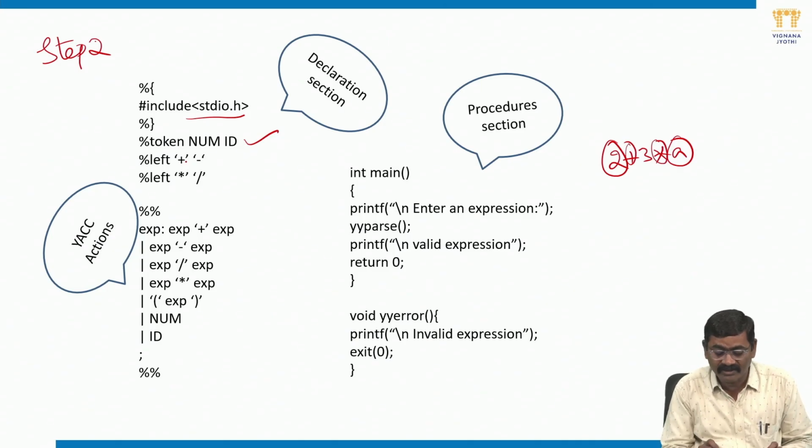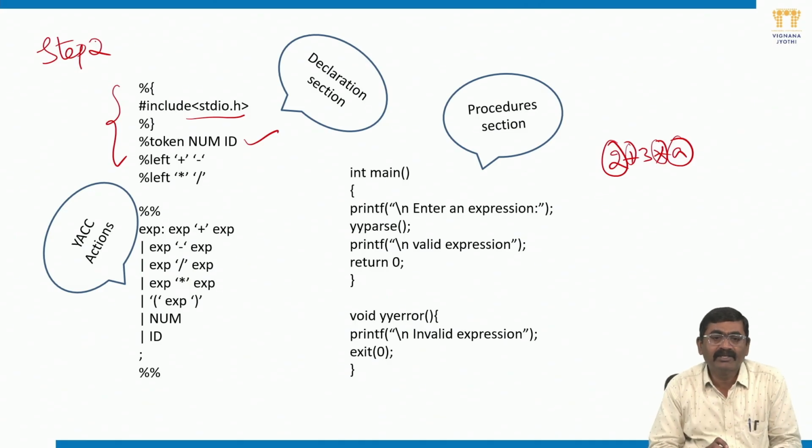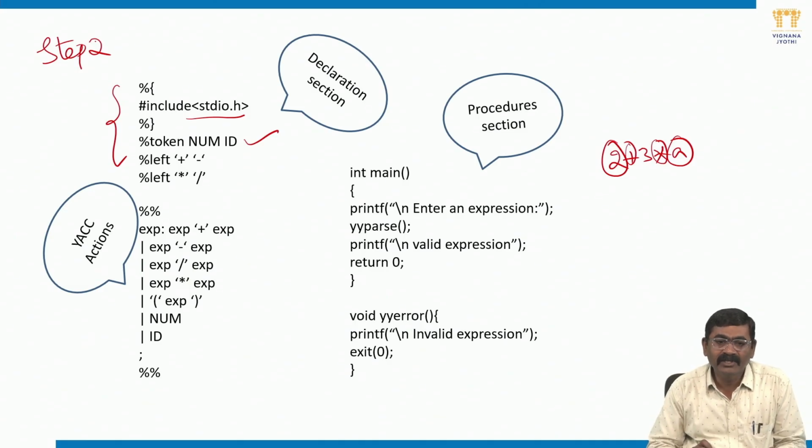Already we know left associative and right associative, meaning that it evaluates the expression from left to right. The next ones are star and division, which are also left associative operators. So this is how we can declare these, right?